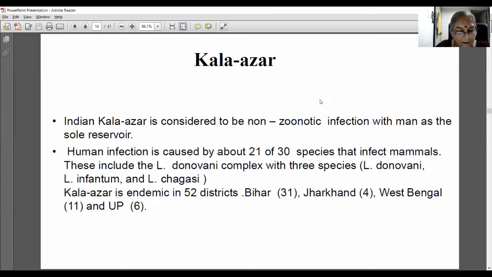The infantile type causes Mediterranean leishmaniasis, which is endemic among children below 5 years and especially seen in North Africa, Middle East, and Northeast China, where dogs and wild animals like foxes, jackals, and wolves act as the main reservoirs.